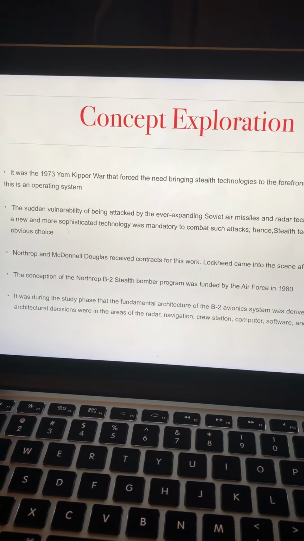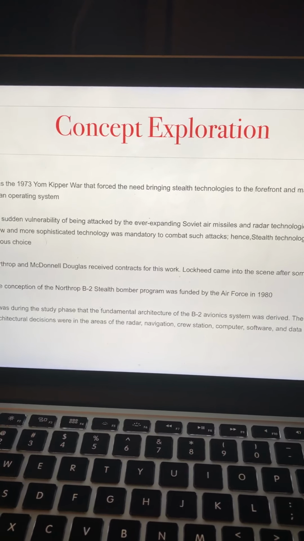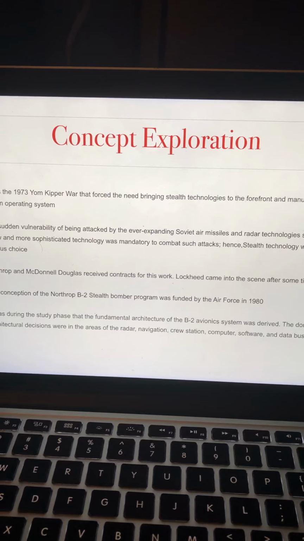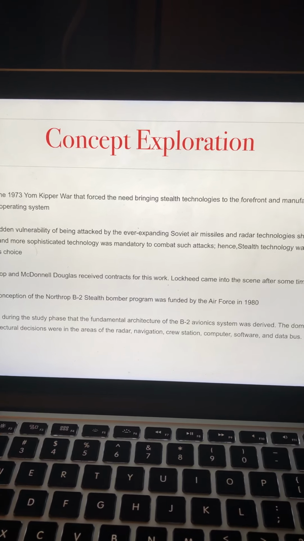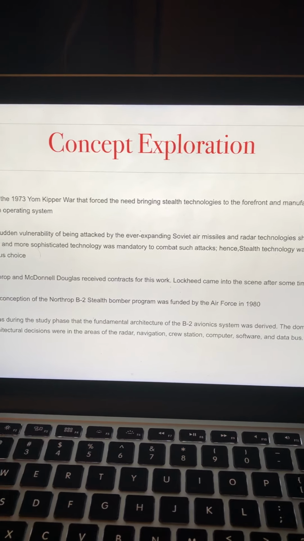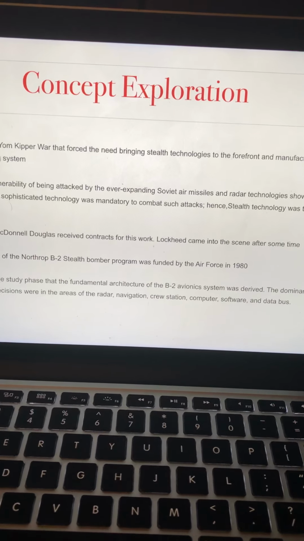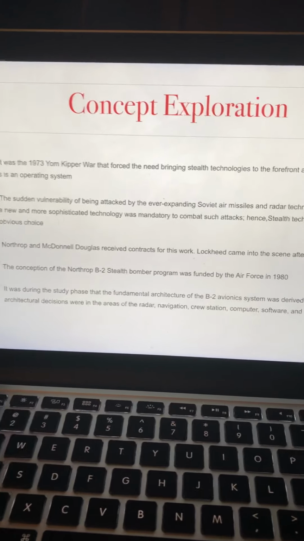The sudden vulnerability to being attacked by ever-expanding Soviet air missiles and technologies showed that a new and sophisticated way was required to combat such attacks if one was to win, or even survive, a war against such technology.